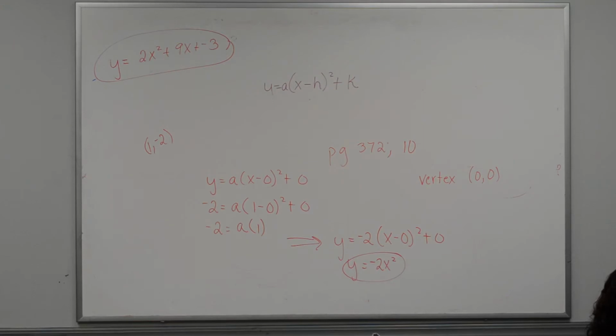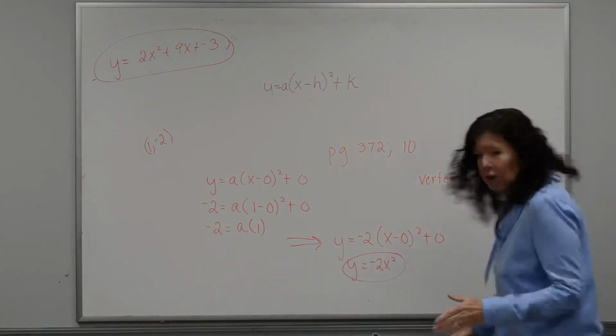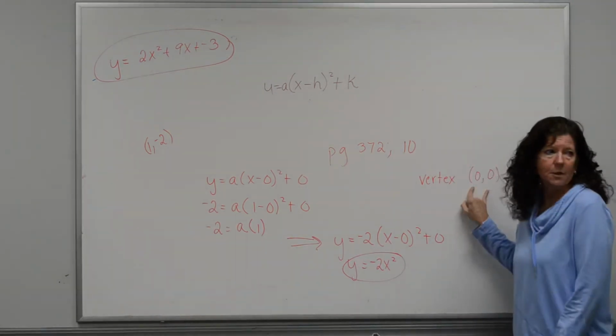What you got? Okay, if you look at the picture, the vertex is 0, 0.